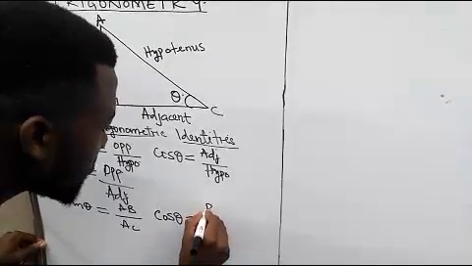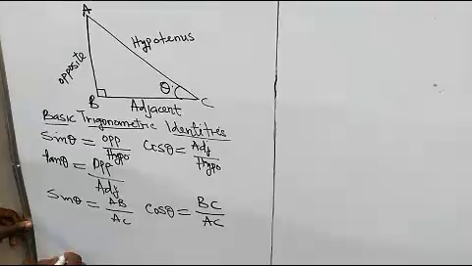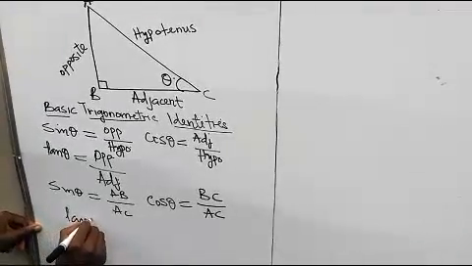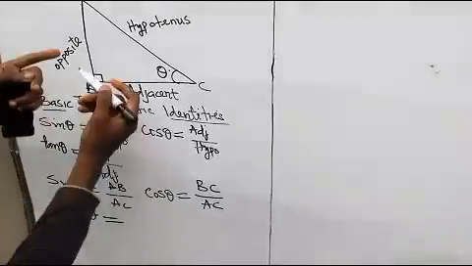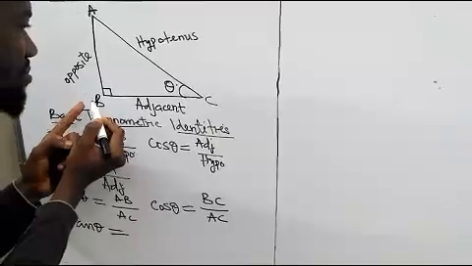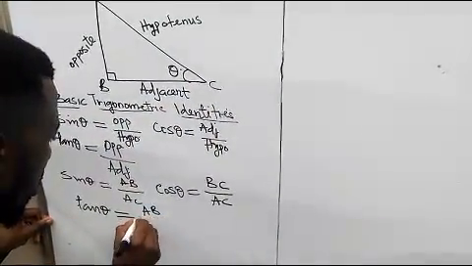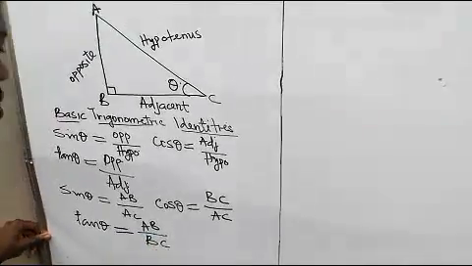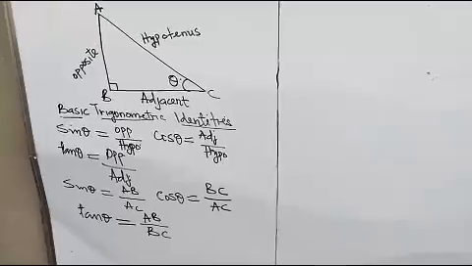Now we are going to look on the tan theta. So tan theta will simply be equals to opposite on adjacent, this is the opposite side AB, and the adjacent side is BC. So we are going to have AB on BC. So these are our basic trigonometric identity which we are going to use further.